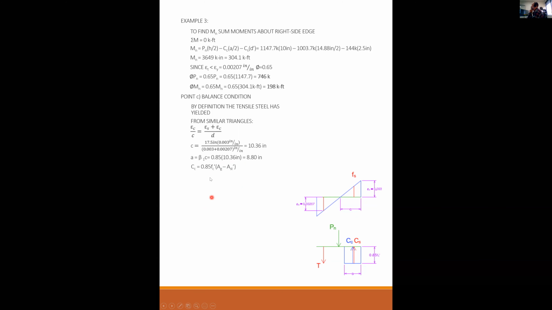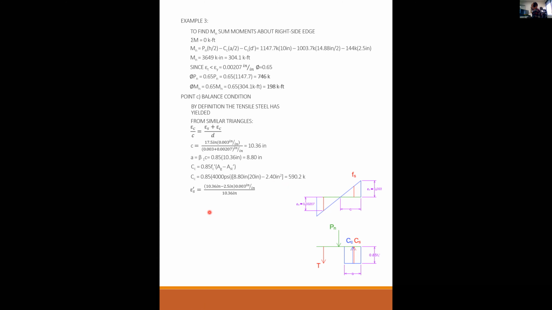C_c then is 0.85 f'c times (Ag minus Ast prime). So I have 0.85 times 4,000 times 8.8 times the width of the column, 20, minus the steel in this block, which is 2.4 square inches. And that gives me 590.2 kips.